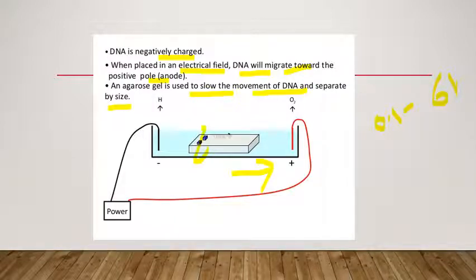This much voltage is applied to separate the DNA molecules, and a low concentration of agarose is used for better separation. After the completion of the migration, the gel is taken out and visualized with the help of a dye.